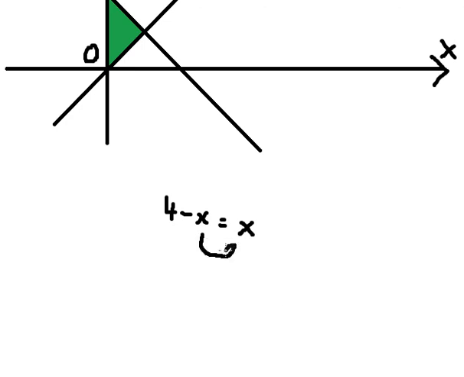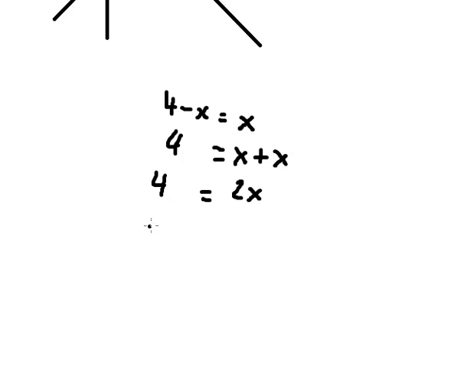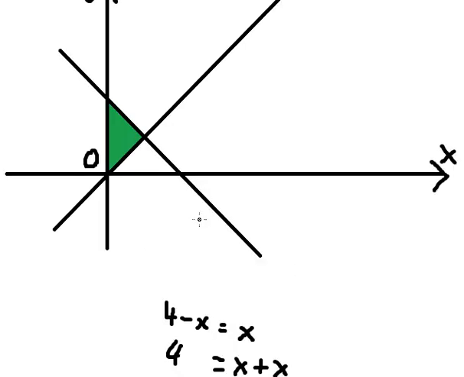So I will put this one going to the right. This one we have 2x. Later we divide both sides by 2. So this intersection in here is x equals 2.